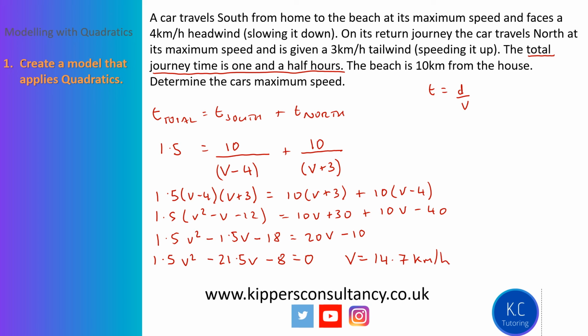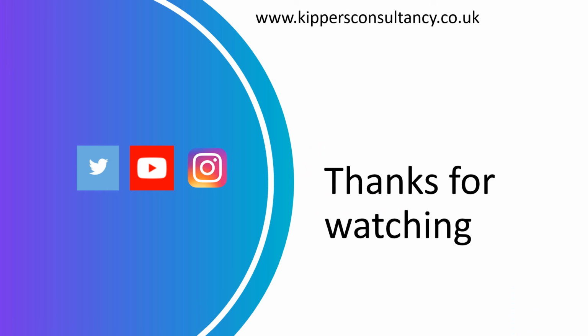There's also a negative answer that we get with this question. However, the speed cannot be negative, so we have to take the positive answer. So our final answer is that the maximum speed is 14.7 kilometers an hour.